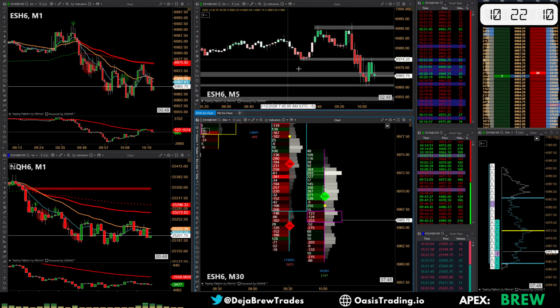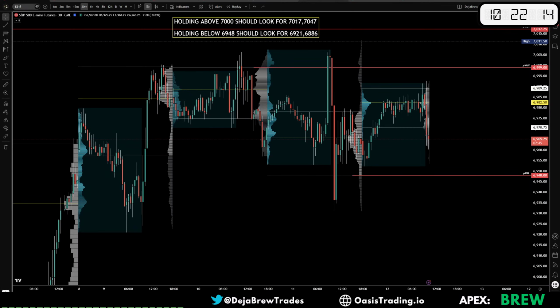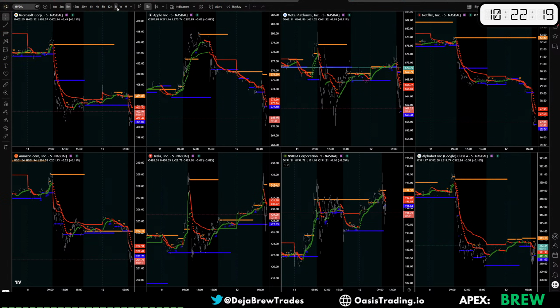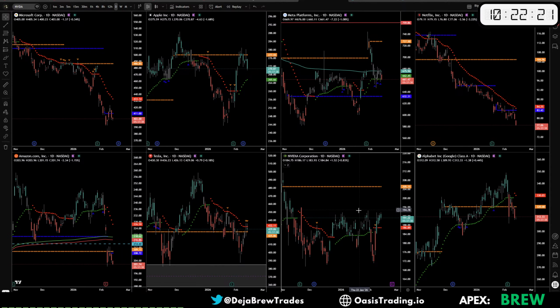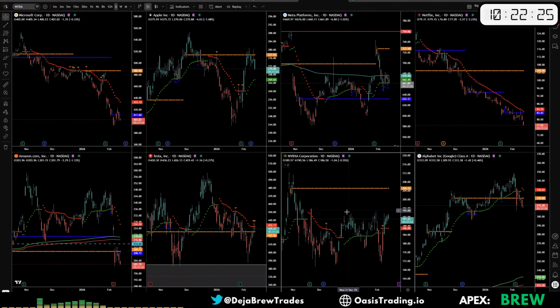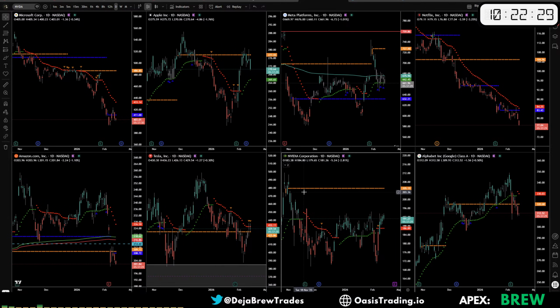On Nvidia, I haven't seen Nvidia recently. Looks like it's pretty much the same as the market. We're just stuck in a pretty nasty range. You need to get out of this.